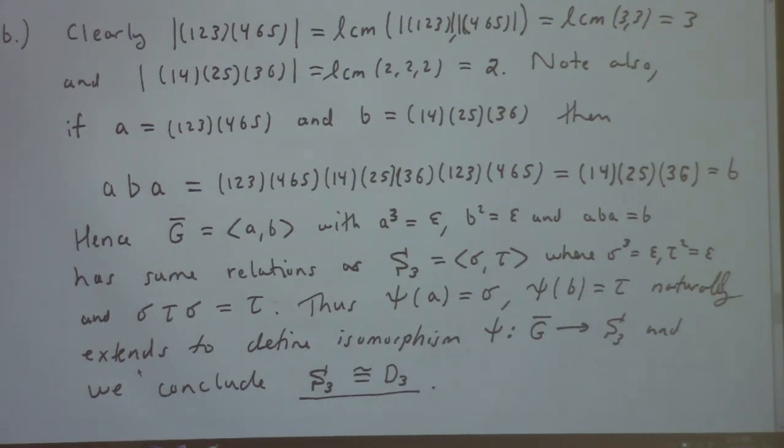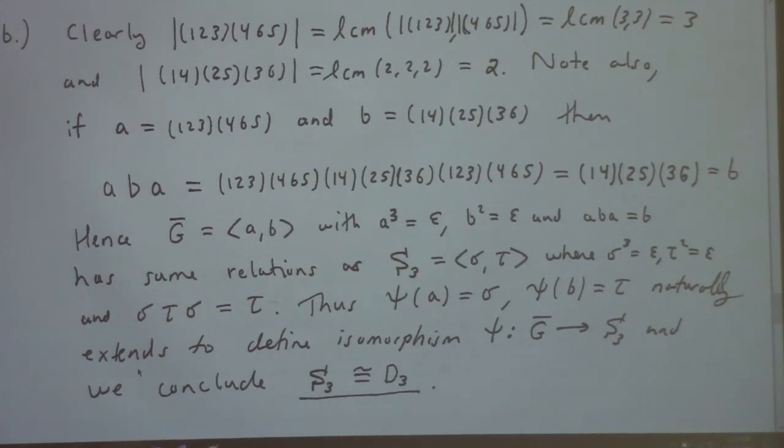As I think about it more right now, you could just prove this directly. All you really need to do for D3 is take x and y such that x cubed is E, y squared is E, right? And how did we present the relation?